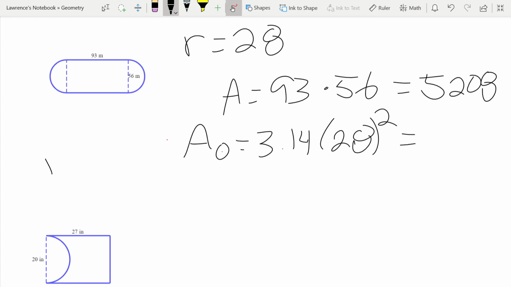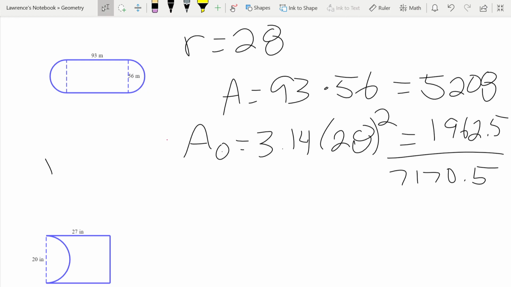That comes out to 2,461.76 on the calculator, and then I will add those together to get 7,170.5. Okay, not a big deal there.